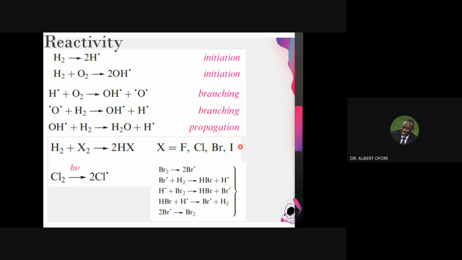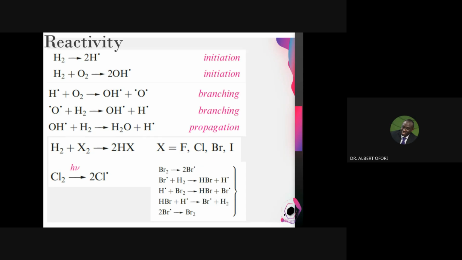And the radicals can engage with, say, oxygen and produce another radical, the hydroxide radicals. And then it continues through the propagating stage. Of course, that process is initiated using radiation, a UV light. So it continues and continues till we get to the point where we need to terminate that reaction.